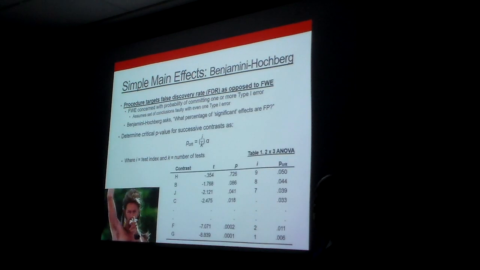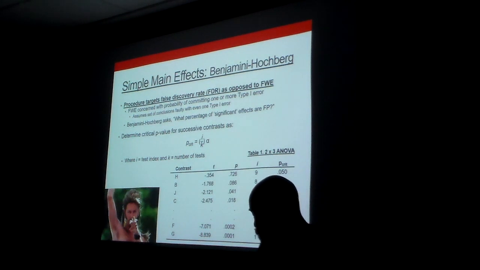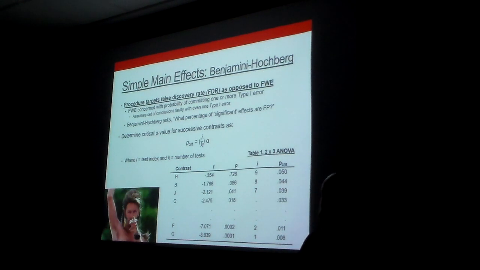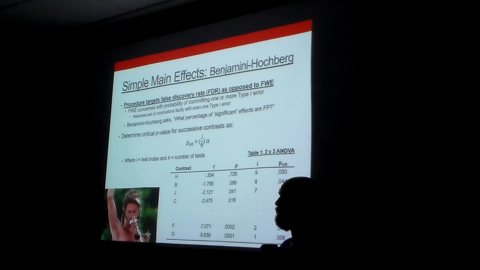And so if I have a set of tests, and I want to look at all possible pairwise comparisons within the context of my interaction term, this is a nice approach. You can say, based on this, I really don't have any a priori hypotheses. I really am looking at all possible comparisons within the context of this interaction effect.